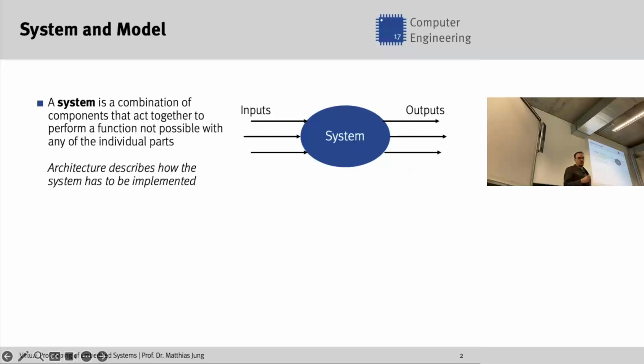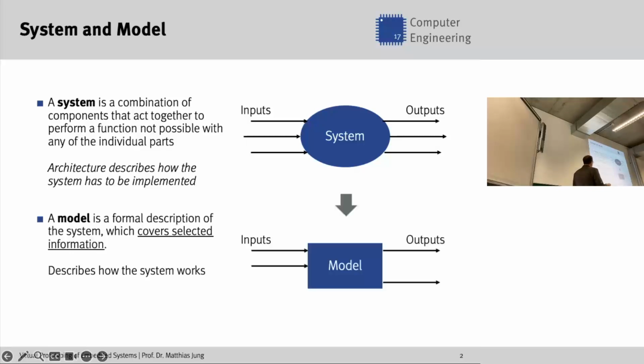You put something in, and then you can observe some reaction. And then we have also the architecture, which describes how the system has to be implemented. So if we talk about architecture, we basically mean a blueprint for how to build the system.